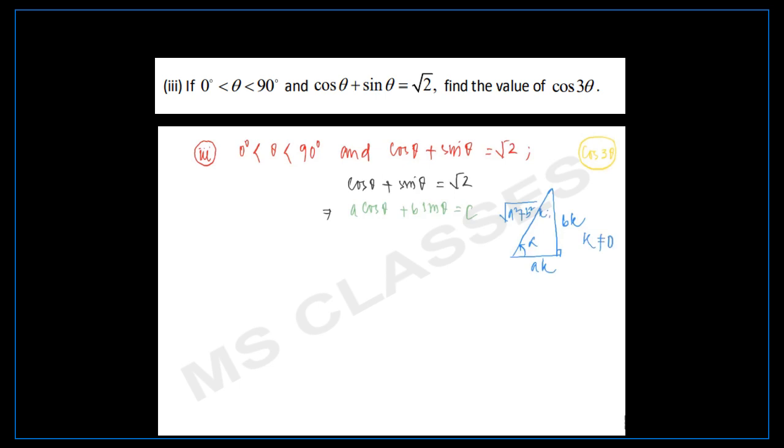And we divide by root over A square plus B square throughout. Why? So that A by root over A square plus B square can be represented as cos alpha, and B by root over A square plus B square can be represented as sin alpha.